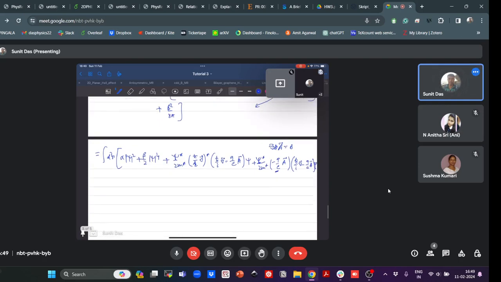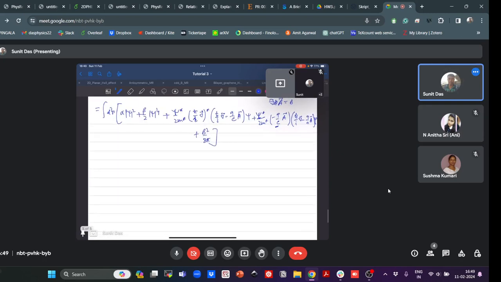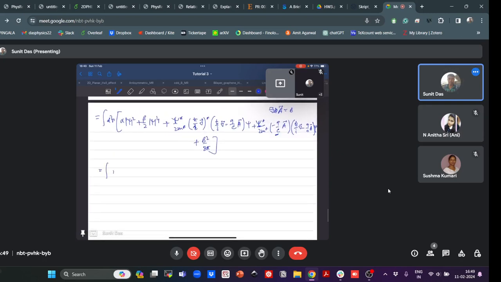Okay, and the B square by 8 pi. So alpha psi square plus beta by 2 psi to the power 4.